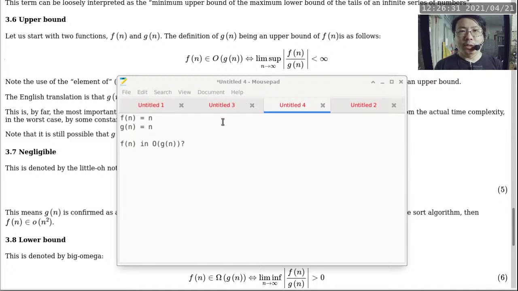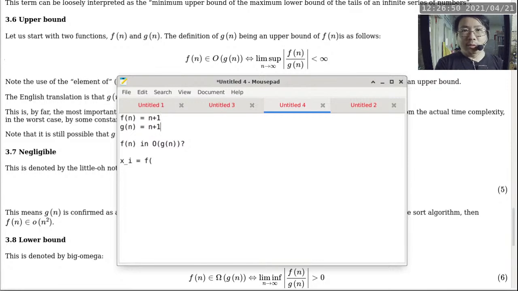To figure out the limit superior, the first thing is we want to find the sequence. We define the sequence x of i. By the way, I need to change this a little bit, because otherwise we'll have division by 0. So I'm just going to add 1 to it so that we don't end up with division by 0.